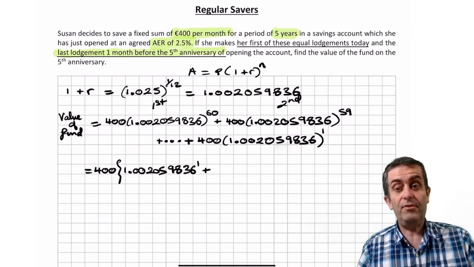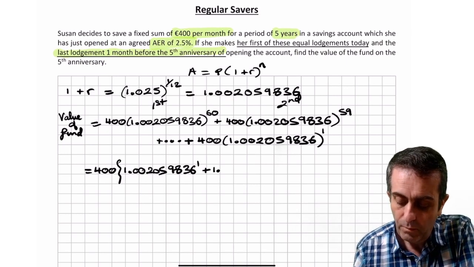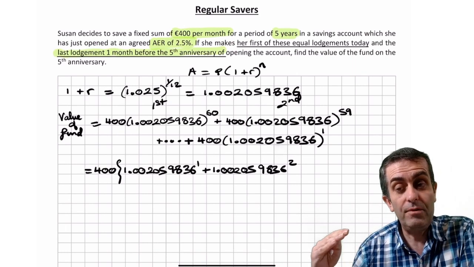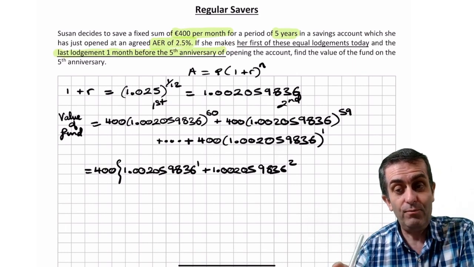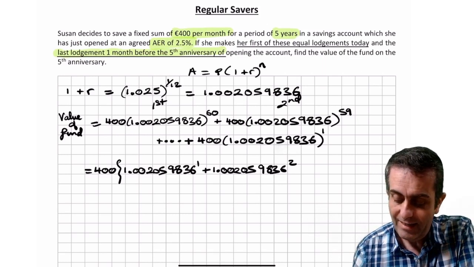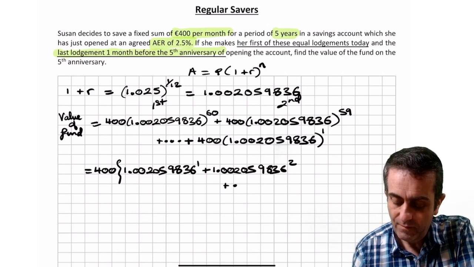The last one becomes the first one, plus 1.002059836 squared. Remember, you're counting backwards. If the last one was to the power of 1, the one before that would have been to the power of 2. And then this keeps going, plus, all the way to the end.